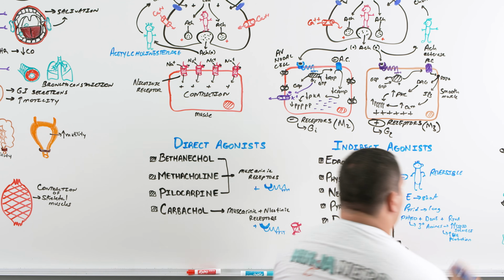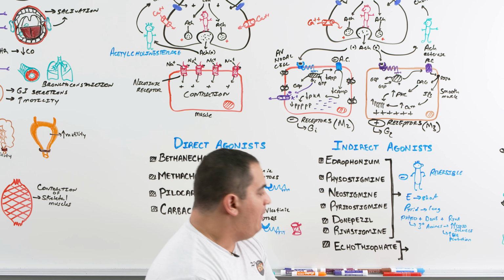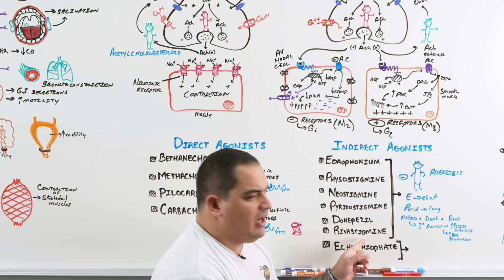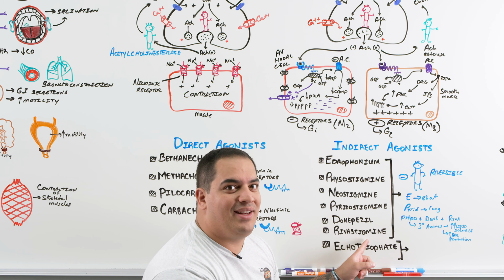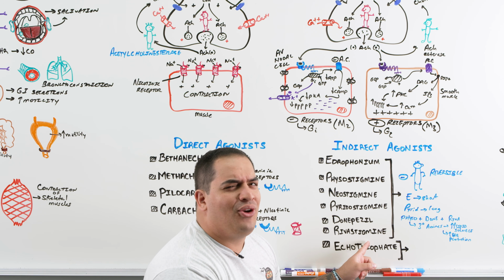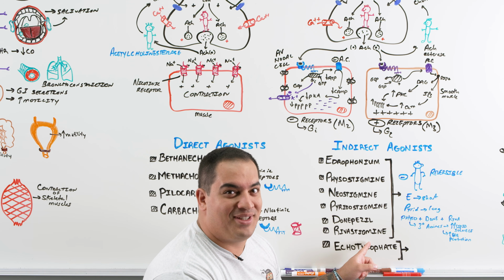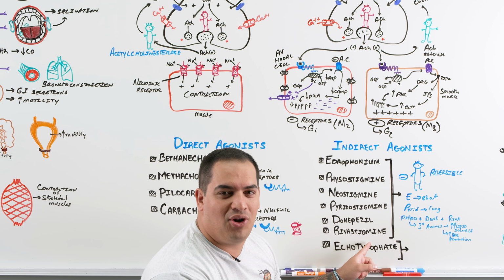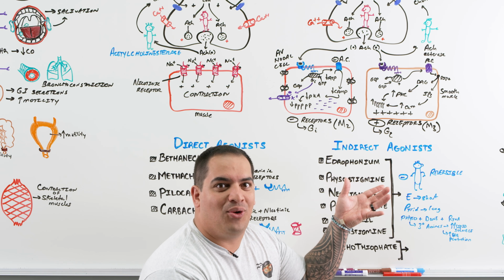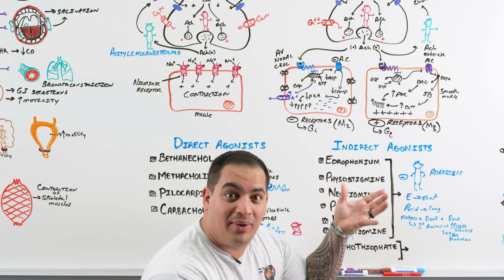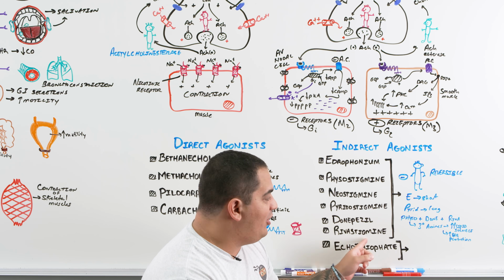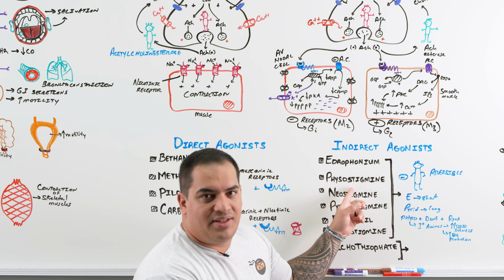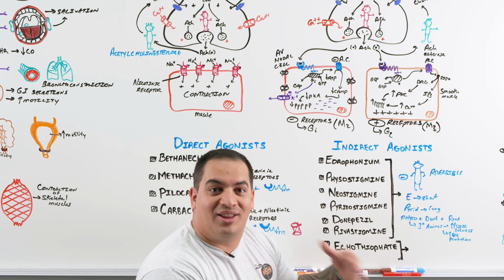And that's an important concept. Donepezil, rivastigmine, and another drug called galantamine are very good for penetrating into the central nervous system for cognitive function. For example, Alzheimer's, where they have a decrease in cognitive function due to a decrease in their acetylcholine pathway. If we increase the acetylcholine within those central nervous system pathways, we could improve some of their cognitive function. And these would be good drugs. Physostigmine, not necessarily that good at that, but you get the point.